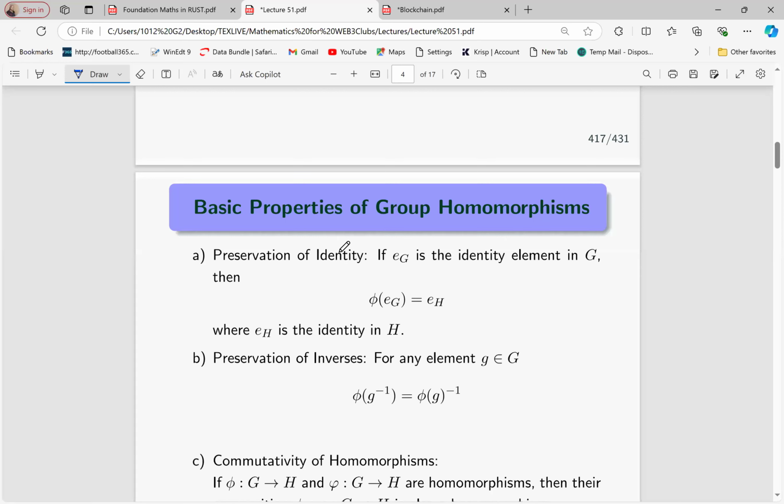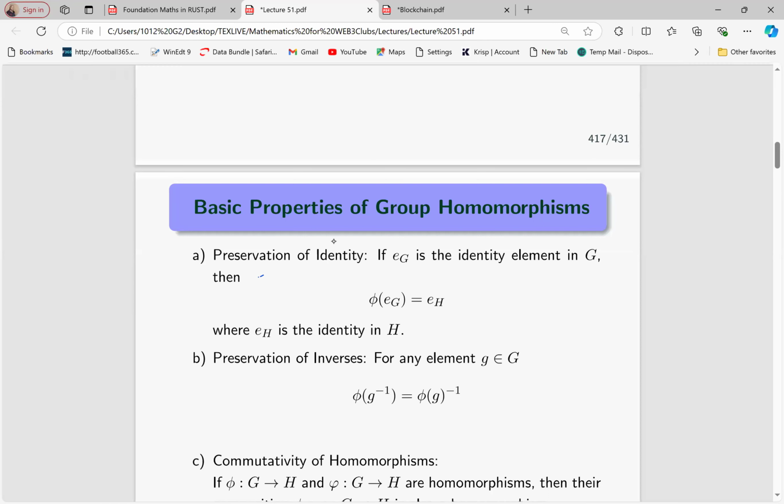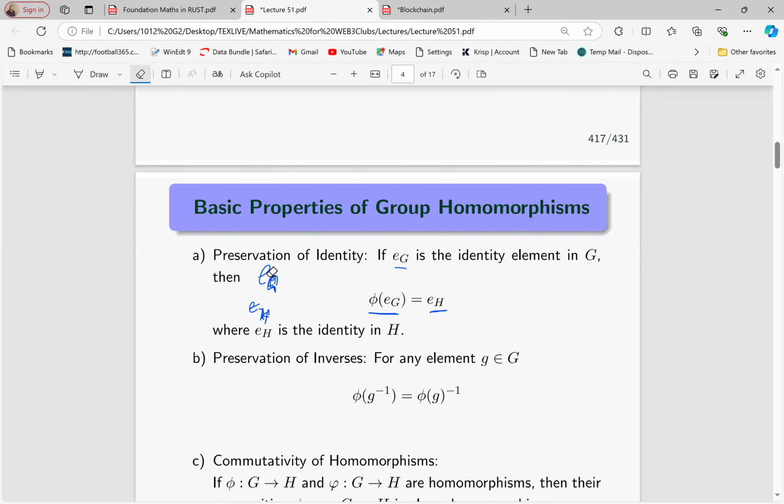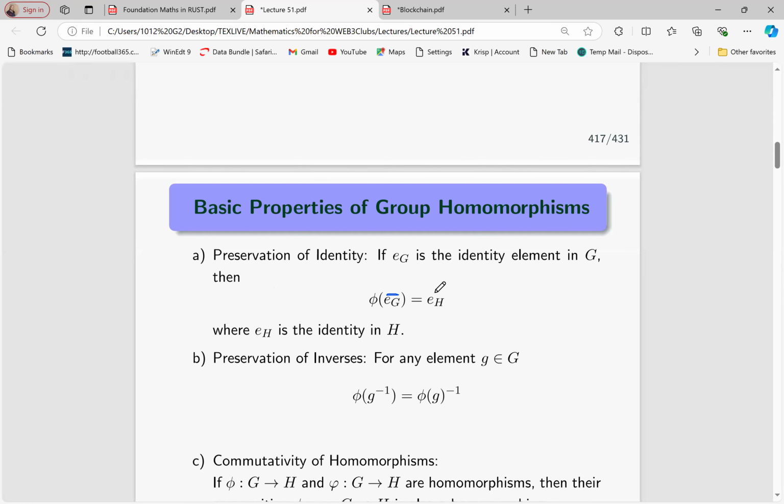I've used this to mean the identity in G, just to avoid confusion, and this to mean the identity in H. So if this is the identity in G, then phi of this will give us the identity in H. Remember that what we're getting in H is the image of the element in G. The image of this element E is this.